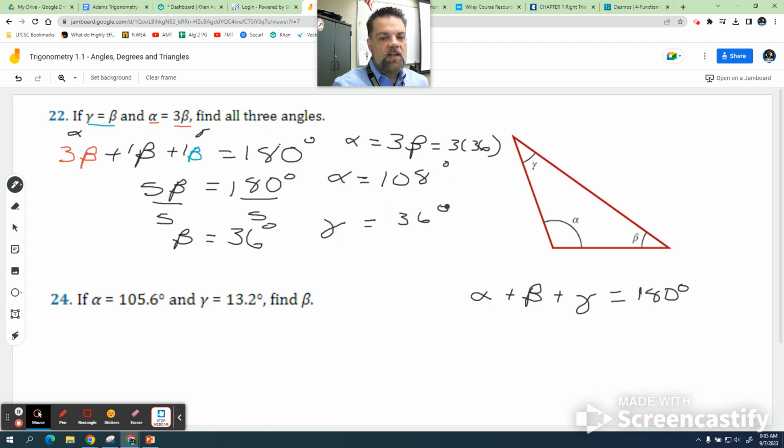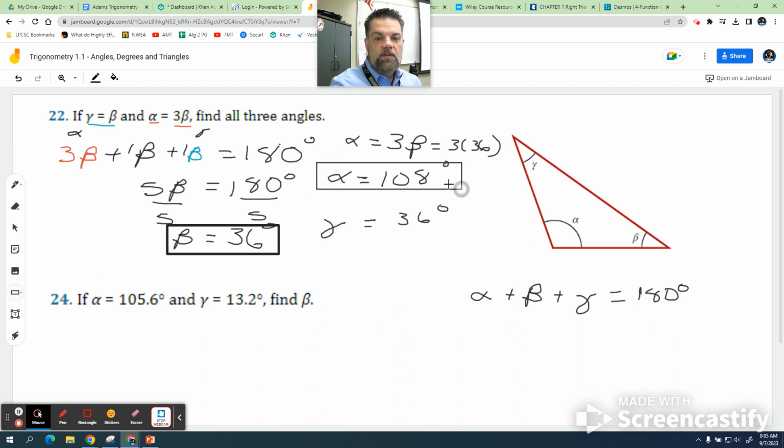Now, how can I double check and make sure that I'm doing this right? Add it all up, and if I add it all up, what? Yeah, it should equal 180, right? So this is beta, this is alpha, and this is gamma.